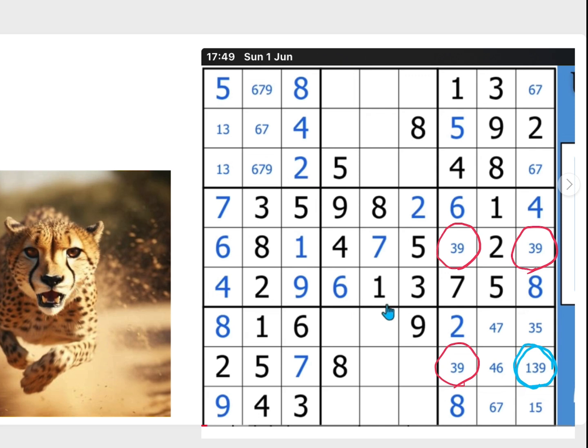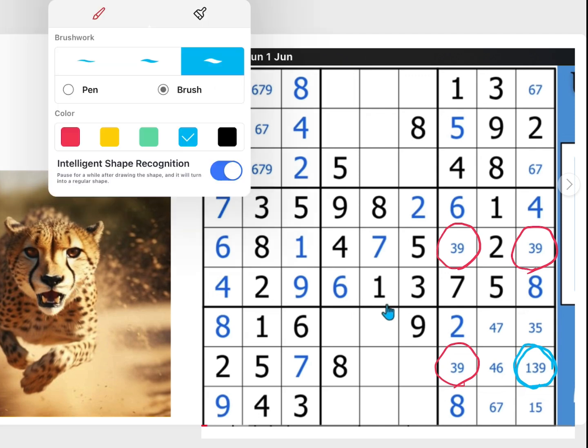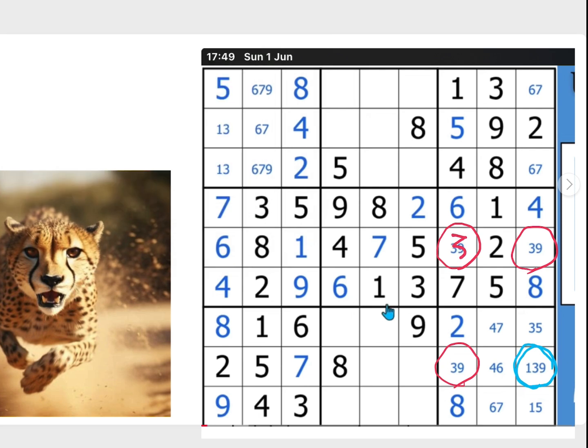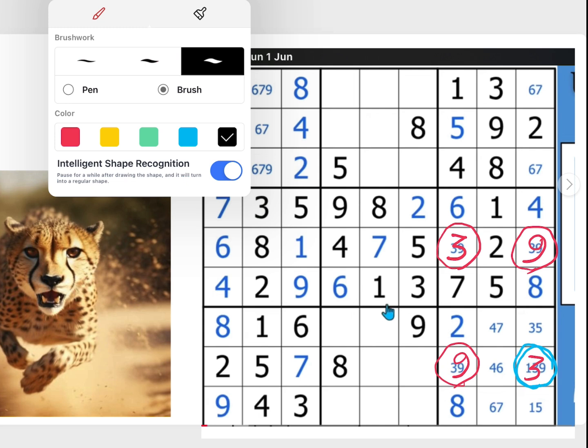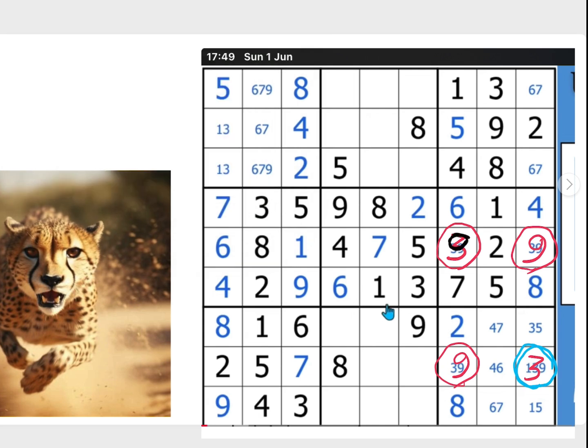In this case, if I say I have 3 here, 9 here, 3 here, 9 here, for instance, then these numbers are fixed in these four blocks. If I exchange all the 3s with all the 9s, here I have 9, 3, 9, 3.